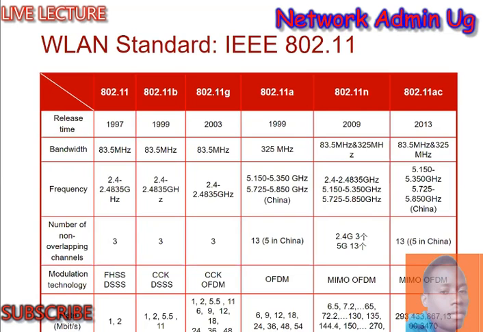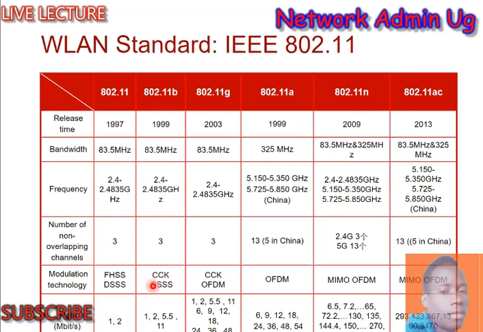It uses various technologies in order to provide this backward compatibility, and one of them is CCK technology. You can see some of the modulation technologies listed here, because previously 802.11b was using CCK and DSSS.